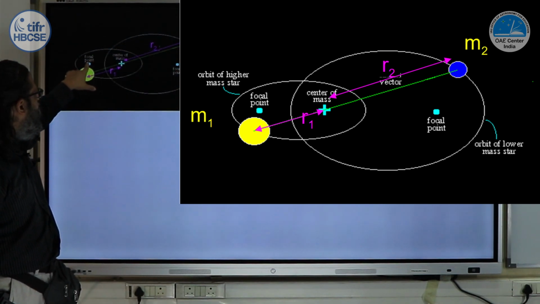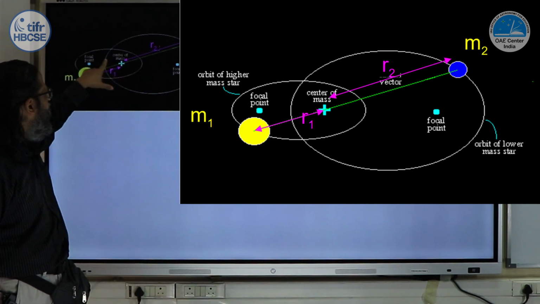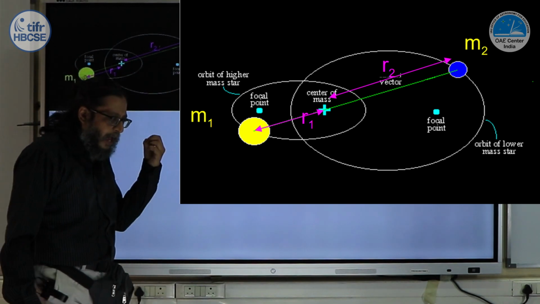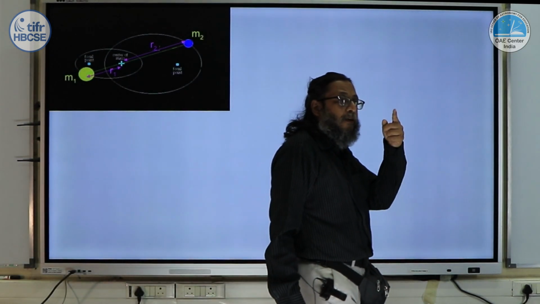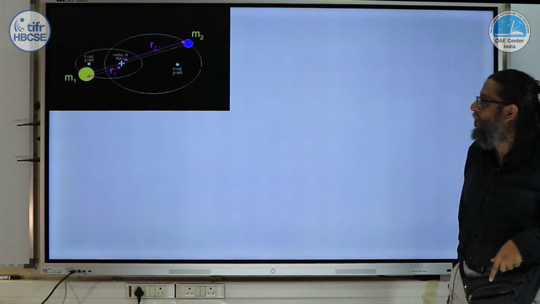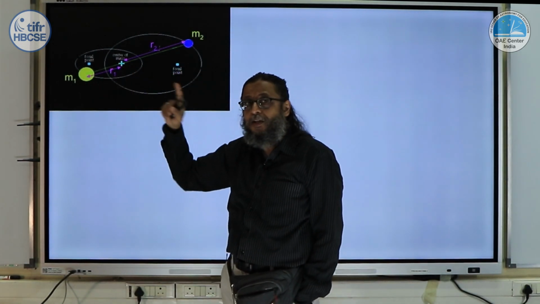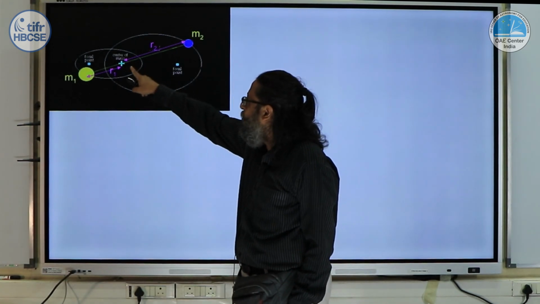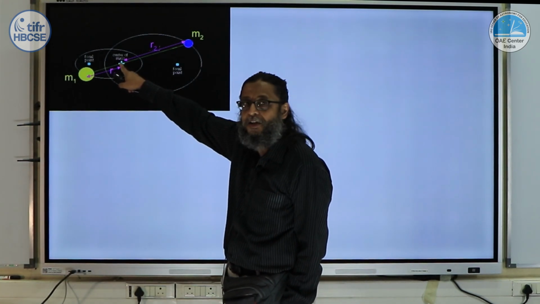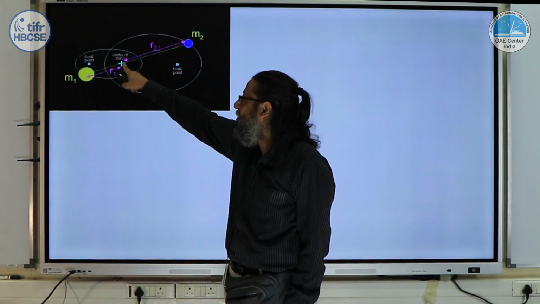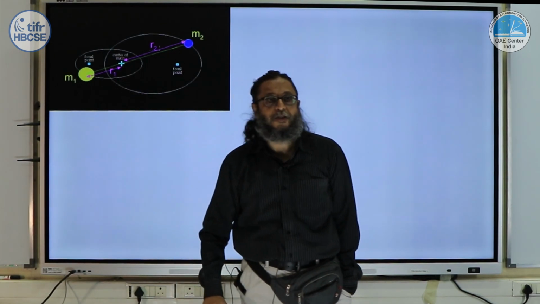These two foci will have a say in the respective orbital paths, because when it comes to Kepler's second law, you have to measure it from this particular point, because this is the center of mass of the system.